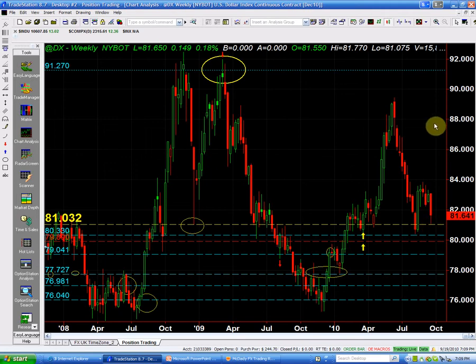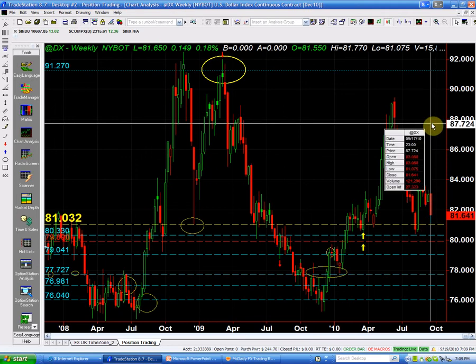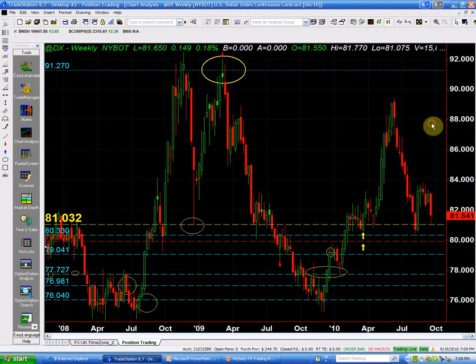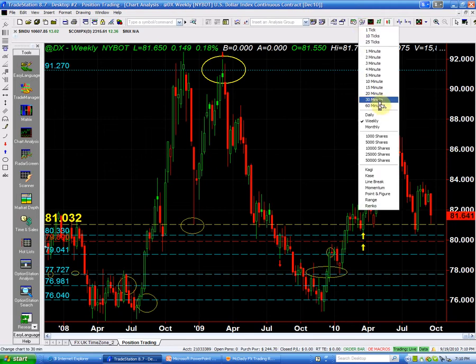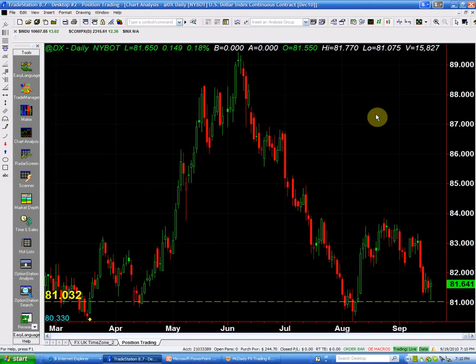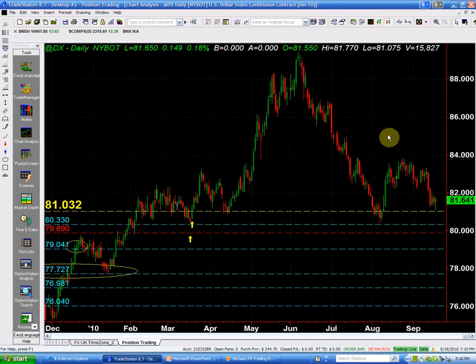So this week, the low that we had for the dollar is 81.07, which is pretty close to the structural point, and we have rebounded above the 81.03, and we closed the week at 81.64, which is a positive close. This is a good sign for the US dollar, because it has bounced off that low, and you can see it more clearly on the daily chart.